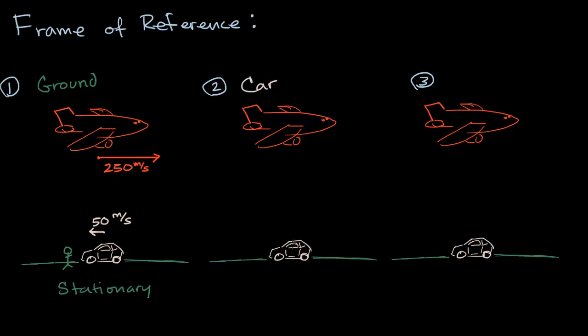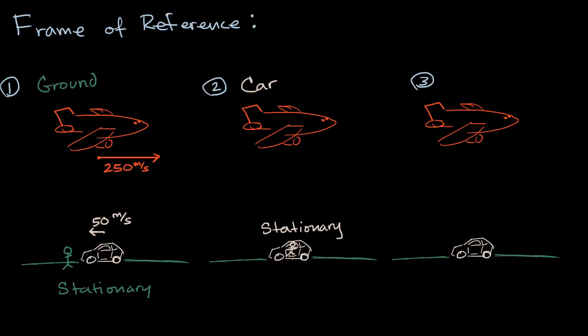Well, in this frame of reference, let's say you're sitting in this car, and I don't recommend you doing this while driving. Let's say someone else is driving, or it's an autonomous vehicle of some kind, and you take out your physics instruments with the stopwatch, and you see what the displacement is of the ground and the plane over, say, a second. And you are able to first say, from your point of view, the car is stationary. The car has a velocity of 0. And from your point of view, you would actually measure the ground to be moving.